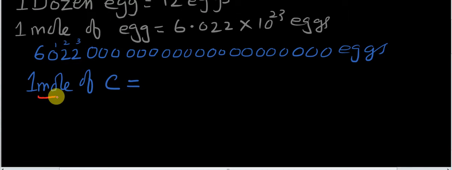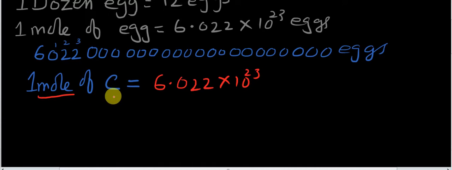What is the meaning of mole? Mole means Avogadro's number. So 1 mole of carbon means Avogadro's particles, 6.022 × 10 to the power 23. Now carbon is an atom or molecule or ion? Carbon is an atom. So you have to write 6.022 × 10 to the power 23 atoms.